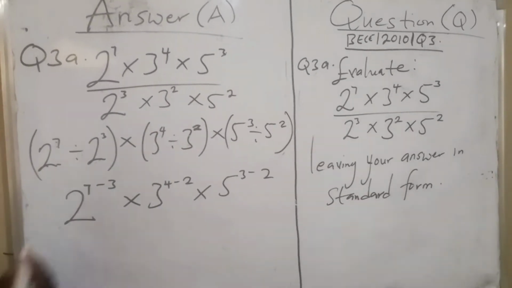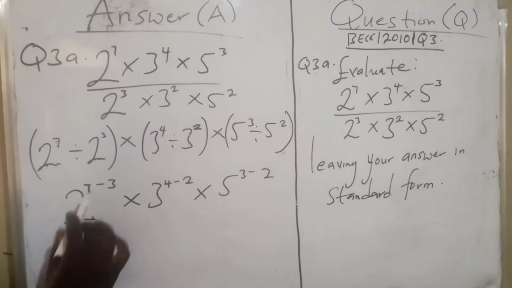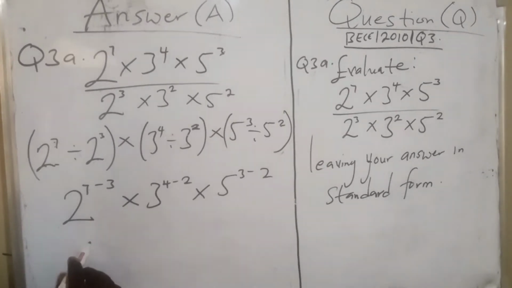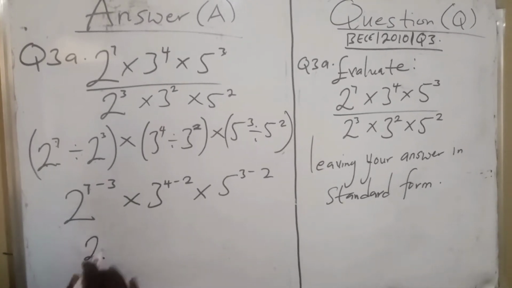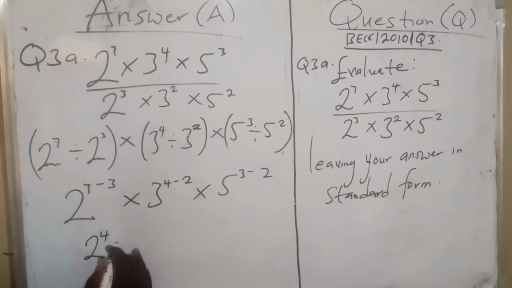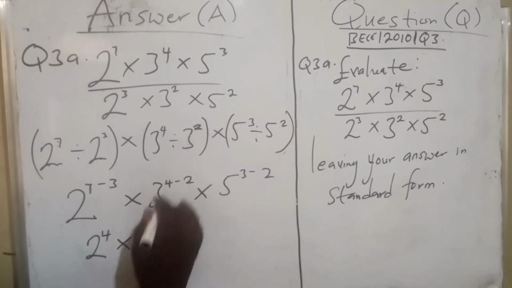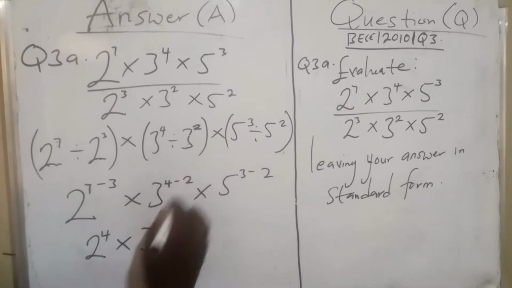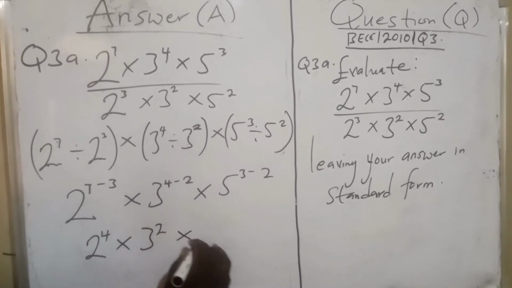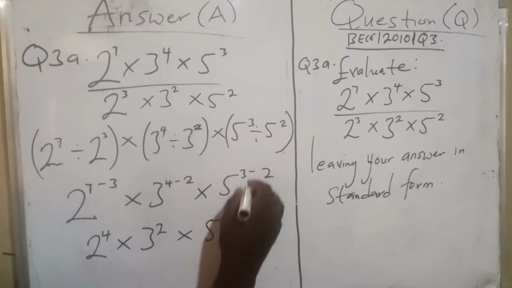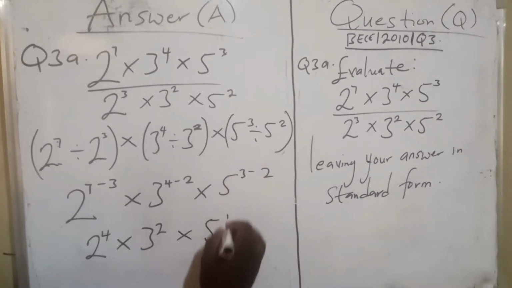After that, we can simplify this as 7 minus 3 is 4, I have 2 exponent 4, times 3 exponent 4 minus 2 is 2, multiplied by 5 exponent 3 minus 2 is 1.